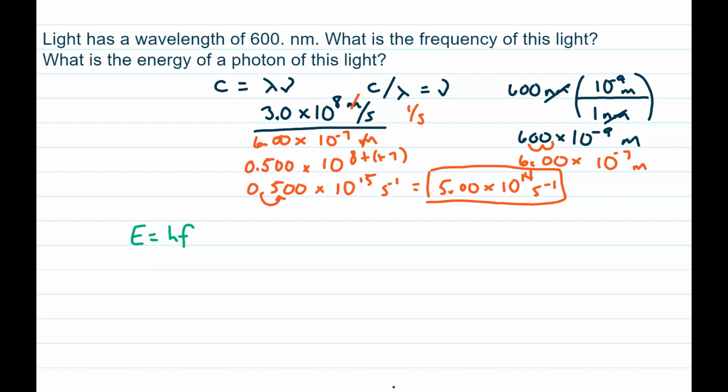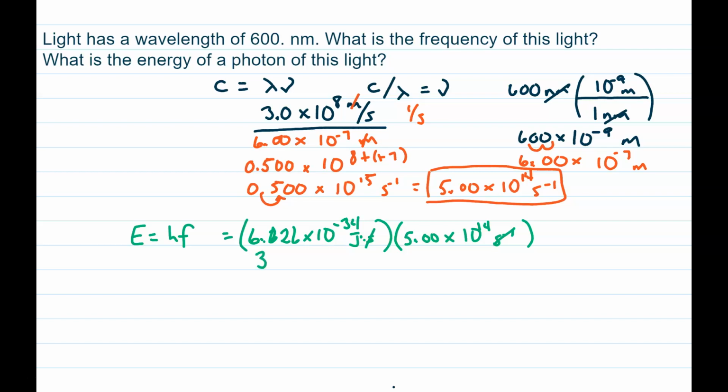And that means I can just go ahead and do this directly because I want E. H is Planck's constant, 6.626 times 10 to the minus 34 joule seconds times 5.00 times 10 to the 14th inverse seconds. I see I have seconds times inverse seconds, so that's going to cancel. My unit then is in joules, which is good.